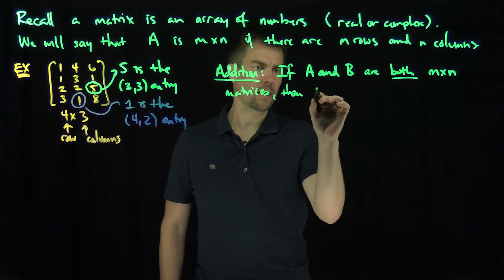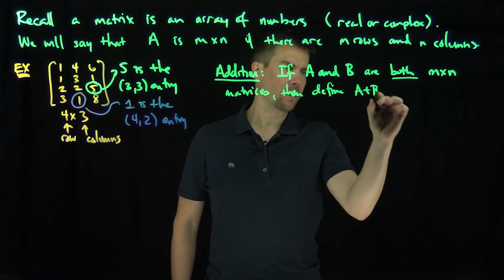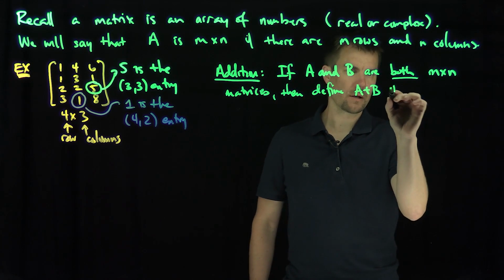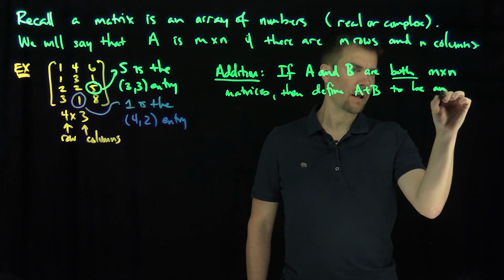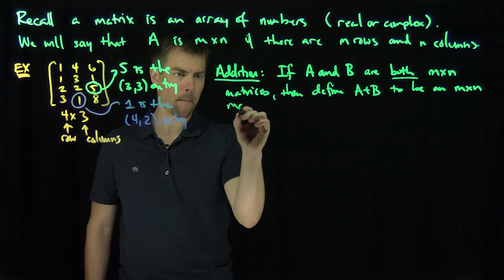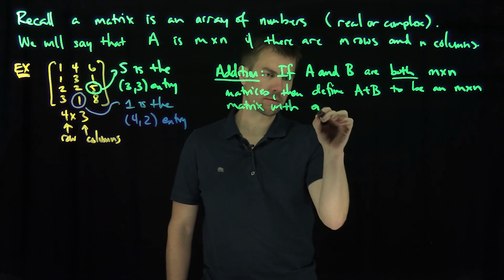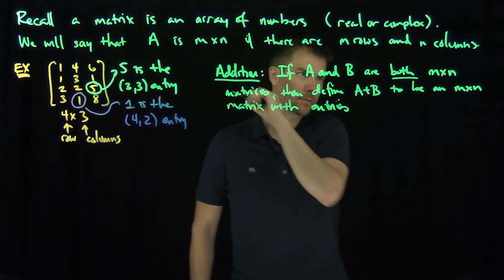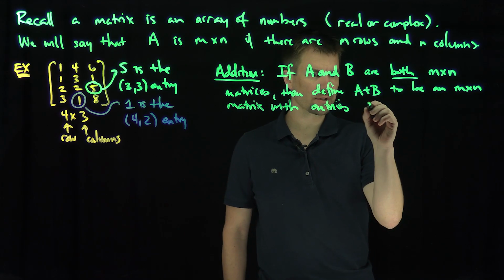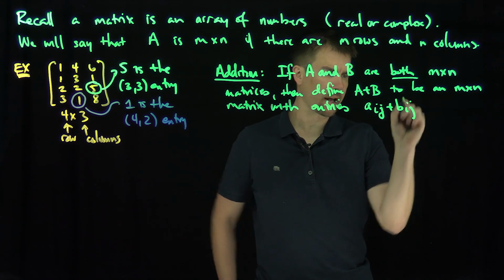then define A plus B to be an m by n matrix with entries a_ij plus b_ij.